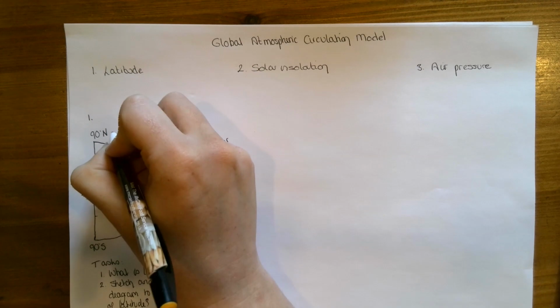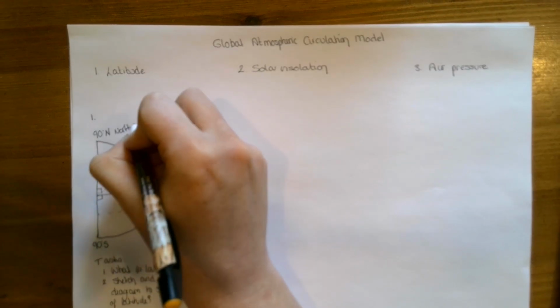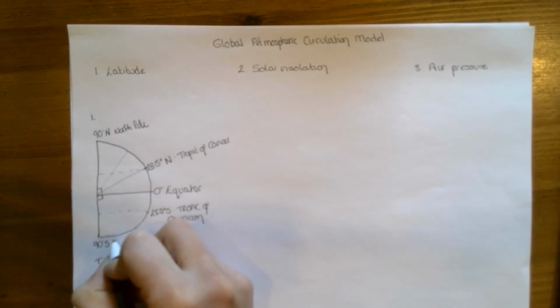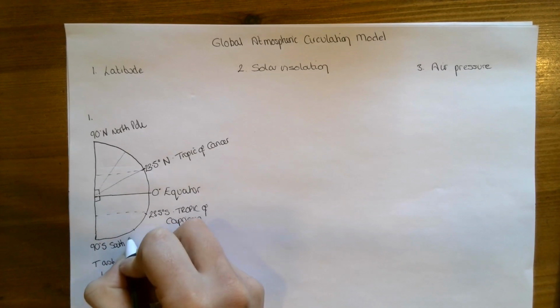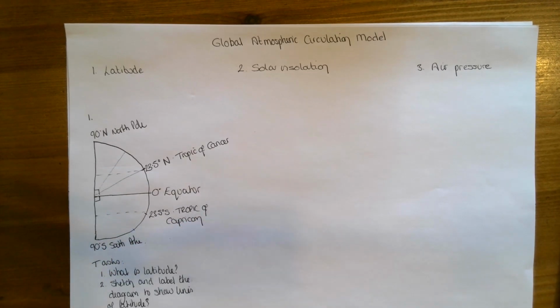Okay, so you might just want to put a north pole here and a south pole here. So pause the video now and complete those 2 tasks. What is latitude? Sketch and label the diagram to show the lines of latitude.